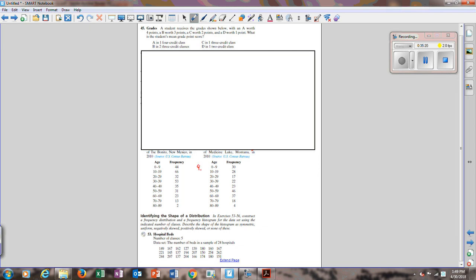So that gives you 4.5 and 14.5 and 24.5, 34.5, 44.5, so on and so on. It's all going to be whatever, 84.5, all that, right? Then you take that and multiply it by the frequency.